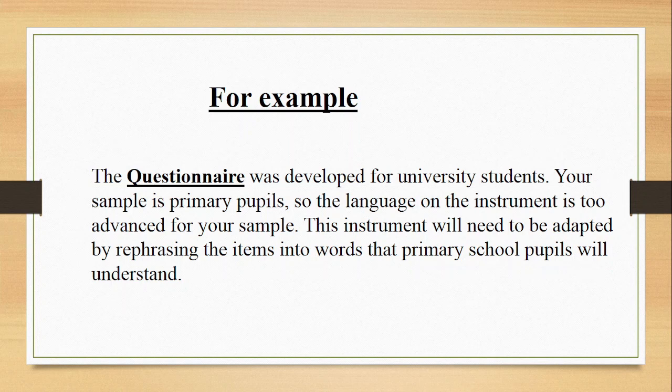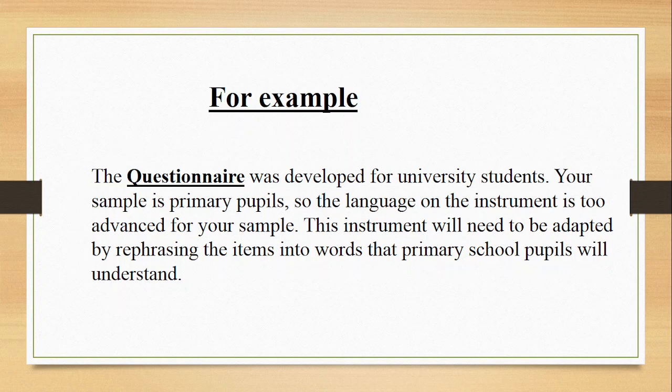So the language which is used by the university students is more advanced, as compared to the students in the primary level. So the language in the instrument is too advanced for your sample. This instrument will need to be adapted by rephrasing the items into words that primary school students can understand.